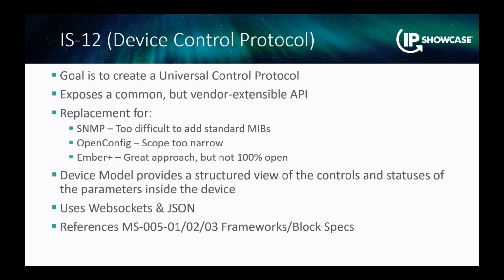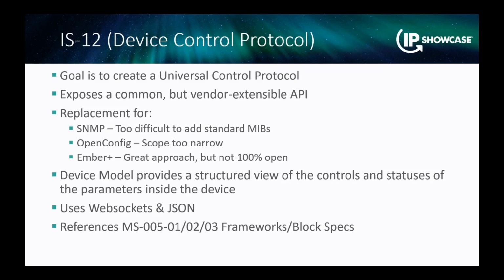So here's where this is all going long term: IS-12. How do I go beyond just informing switching and actually control a device? Because you've now got one API. It's nice that it's one common API for switching, but for every device I need to talk to, my control system needs a driver.